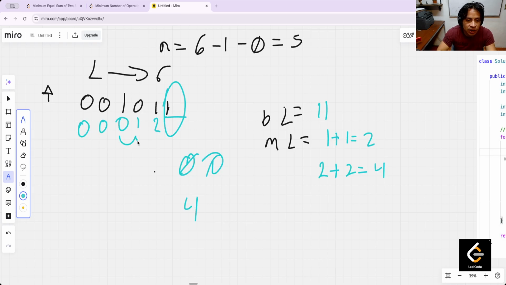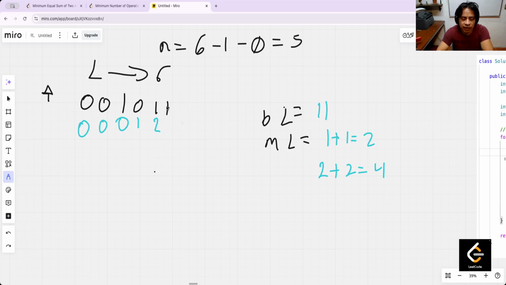Why? Because it's 1, 2, 3, and 4. Okay, and now for the last is okay, this is 4, and the number of balls is 3. In this case is 5, because it's 2. Sorry, no, is 4 plus 3, it's equal 7.